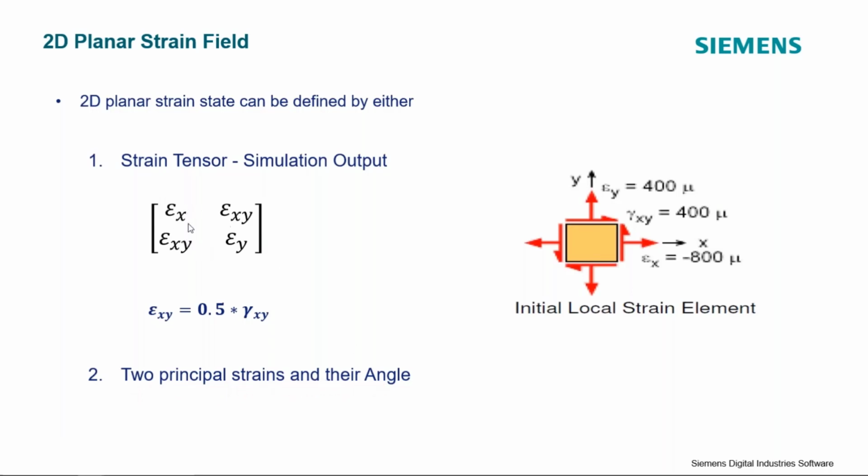And so this strain tensor is a building block. If we've been able to calculate this tensor, we can calculate a whole bunch of different durability related quantities that are really useful in helping us design a structure. And so we'll talk a little bit about how we can determine this strain tensor from a strain gauge rosette.